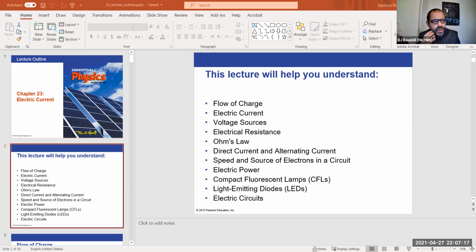Okay. Versus if you go and buy, for example, a 100-watt light bulb, a 100-watt light bulb is going to consume 100 joules every second. So if you let it again run for 1 minute, that's 6,000 joules, okay? 60 times 100 is 6,000 joules versus 3,600 for the other one.